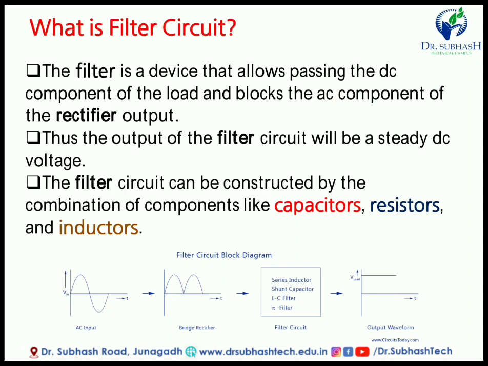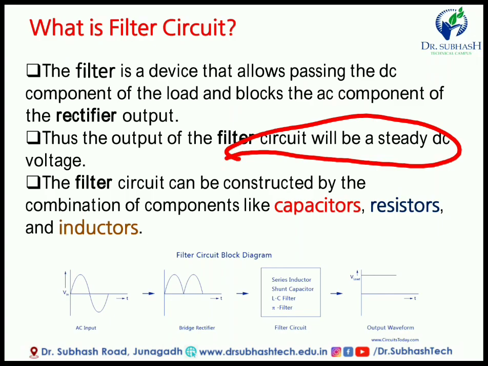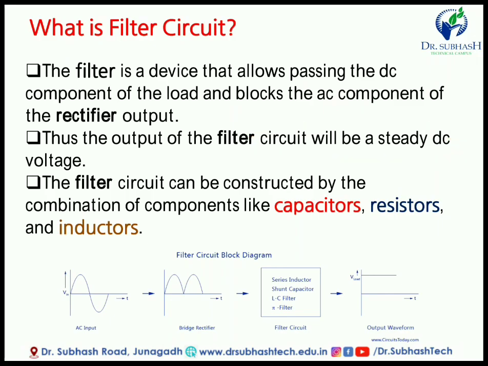Thus, the output of the filter circuit will be a steady DC output voltage. It does not allow AC to pass, it only passes DC. So it converts pulsating DC to pure DC.